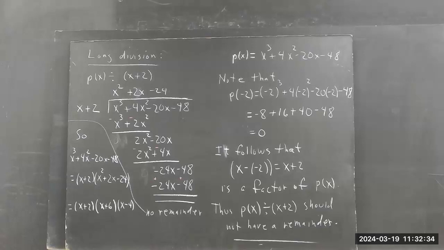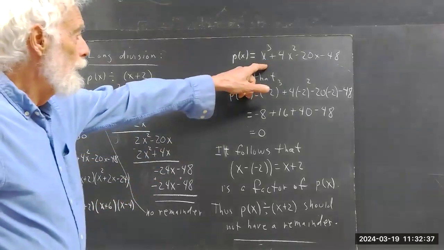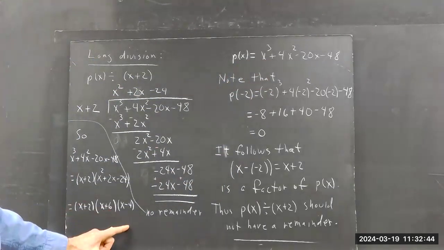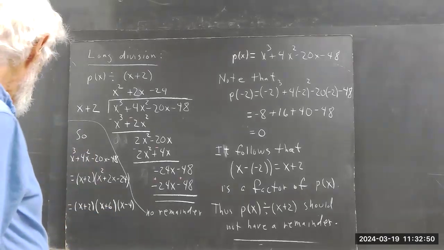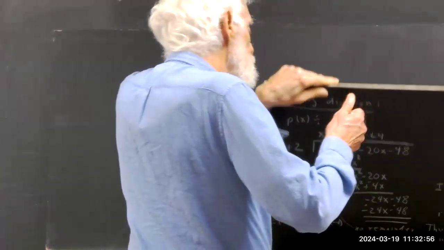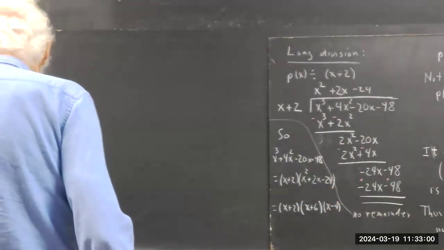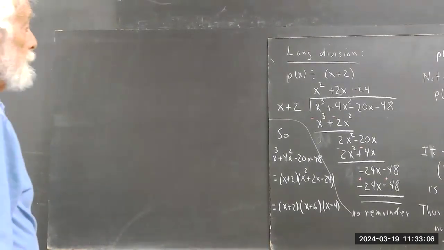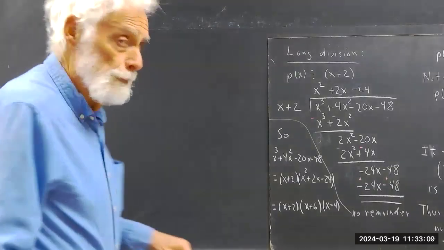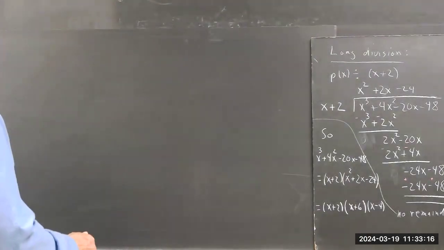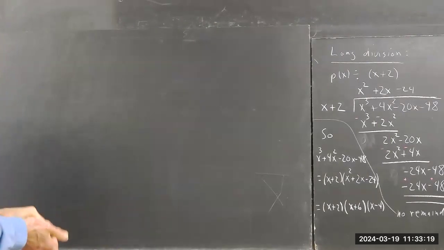So now I've factored P of x. I've written P of x in this form so that we can sketch its graph. Do both boards. Okay.